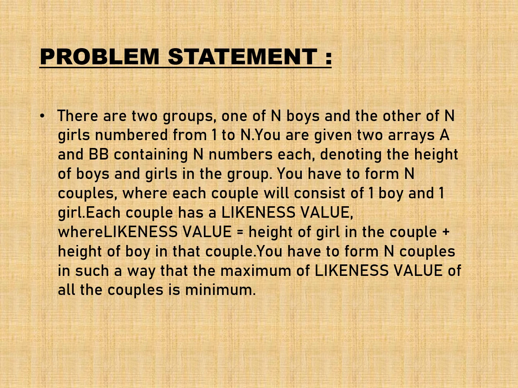The arrays hold the heights of the girls and the boys, and we have to calculate the likeliness value, which is the height of the girl in the couple plus the height of the boy in that couple.